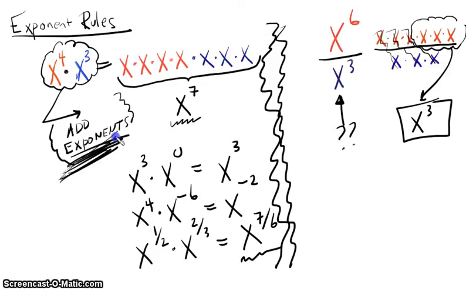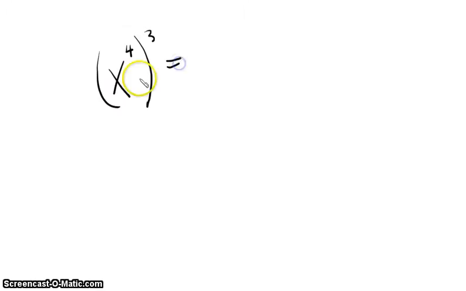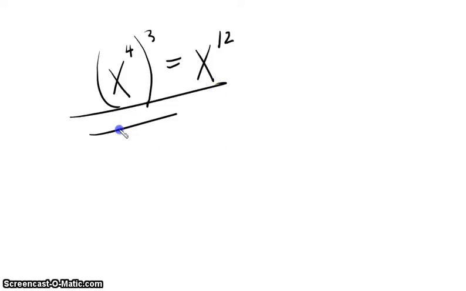In other words, if I remember when I multiply, I add, then division has to be subtraction. And by that logic, and this will be the last one I do, x to the 4th power raised to the 3rd power, well, I know when I multiply, I add, so when I raise to a power, I have to multiply. It's my only operation left, okay? And that is my rules of exponents. All right, that's it, okay?